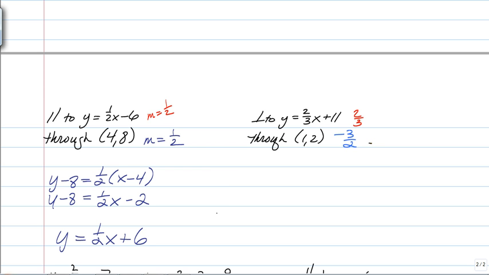So now, all you have to do again is y minus 2 is equal to negative 3/2 times x minus 1. And we can just leave it right there for now, because really the only point of that question was for you to learn how to go from 2/3 to a negative 3/2 when it says perpendicular. If I asked for it in slope-intercept form, all you would have to do is distribute the negative 3/2 and you would be good to go.